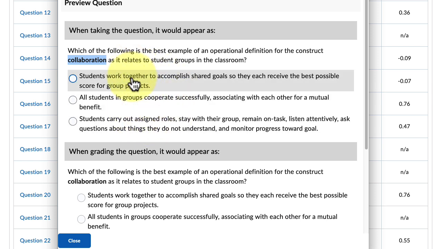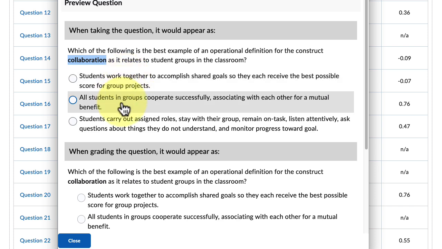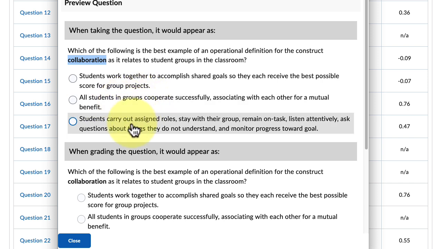Students work together to accomplish shared goals so they each receive the best possible score. Well, to me, I look at this and say, I don't know how students work together. How do you know they're working together? All students in groups cooperate successfully, associating with each other for a mutual benefit. It's a little ambiguous. I'll go to the last one.